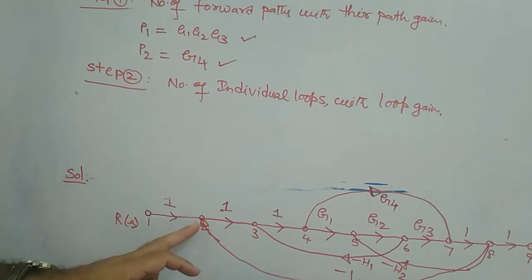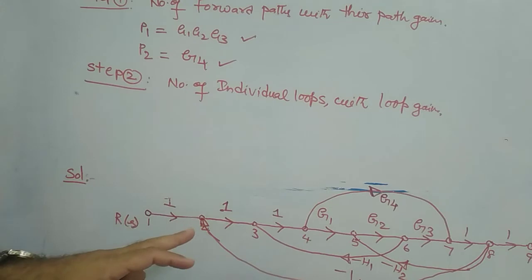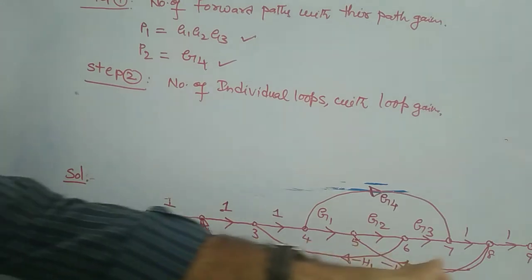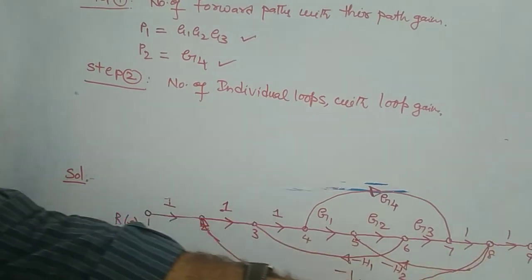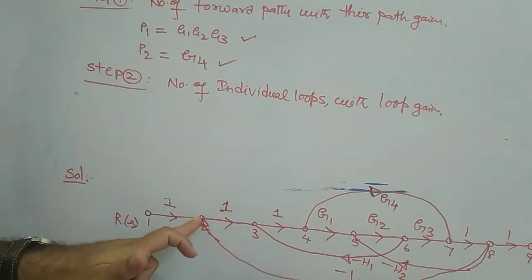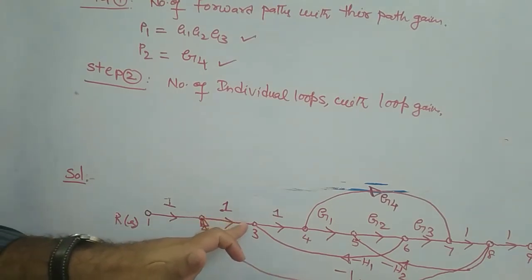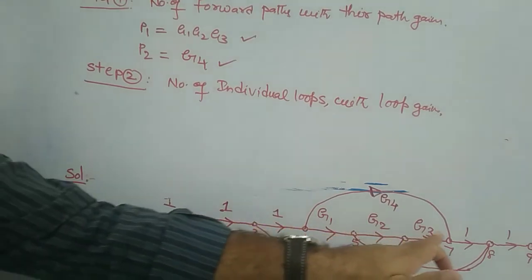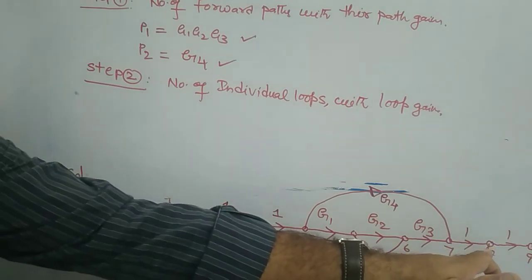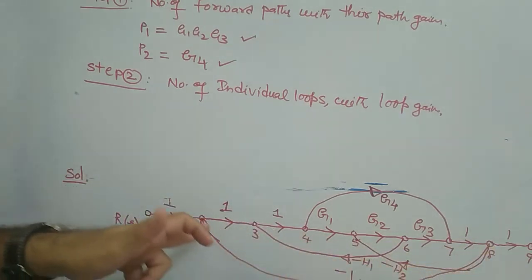Let us see from the beginning or whatever way you want to consider. See the bigger one, actually if you see this one, minus 1. So here it is going straight forward like this and reaching this node and coming back with minus 1.